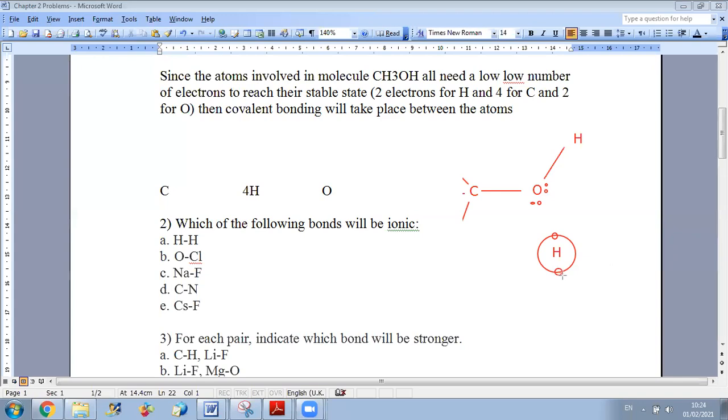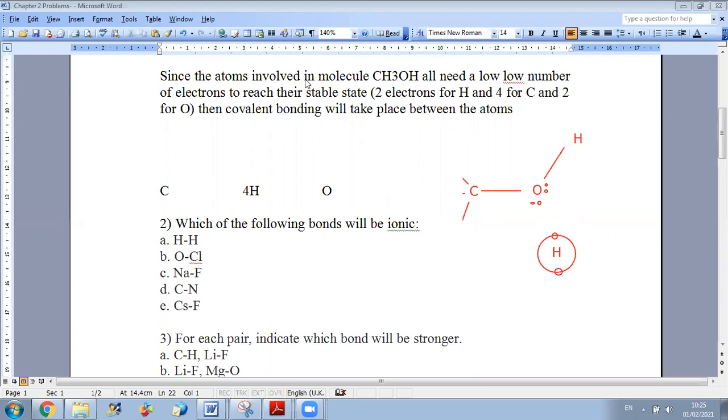So since H has only 1, it will try to share electrons with others in order to have 2 electrons in its outer orbit. From the planetary model, the first orbit can have a maximum of 2. So if it is 2, it is a stable configuration for the first orbit. Since H has only 1, it will try to share with some other atoms in order to have 2 electrons on its first orbit, okay?